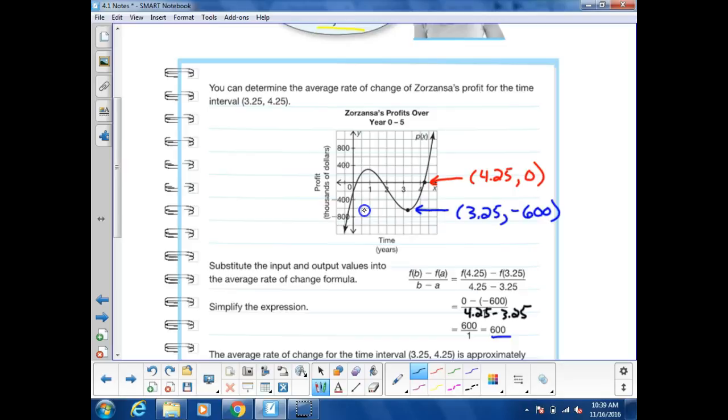How do I know, Megan, that the function is increasing on that interval? You're going from 3.25 to 4. That doesn't tell me that the function is increasing.